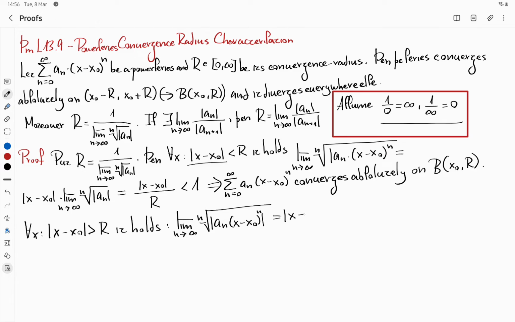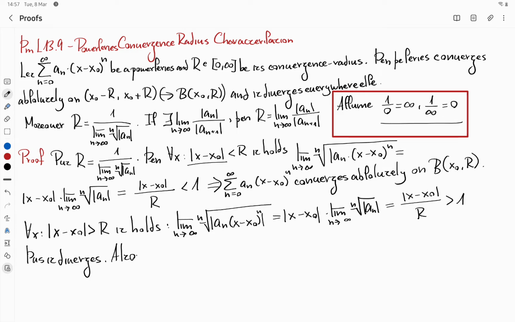We get the absolute value of x minus x0 times the limit superior of the nth root of a_n. But using the same logic, we arrive that this is actually equal to the absolute value of x minus x0 over r, and we know that x minus x0 is larger than r. Right? Thus, we have something larger than r over r, and thus this is bigger than 1, and thus it diverges. So thus it diverges, meaning the series.